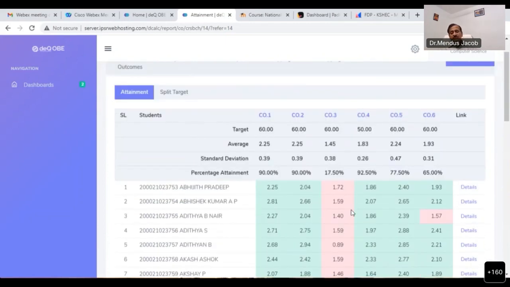So that means you can conduct one more activity or one more assessment, whatever you require, to bring all the students to the desired level, because we have fixed the target as 60%, but here only 17% of the students have achieved that target.